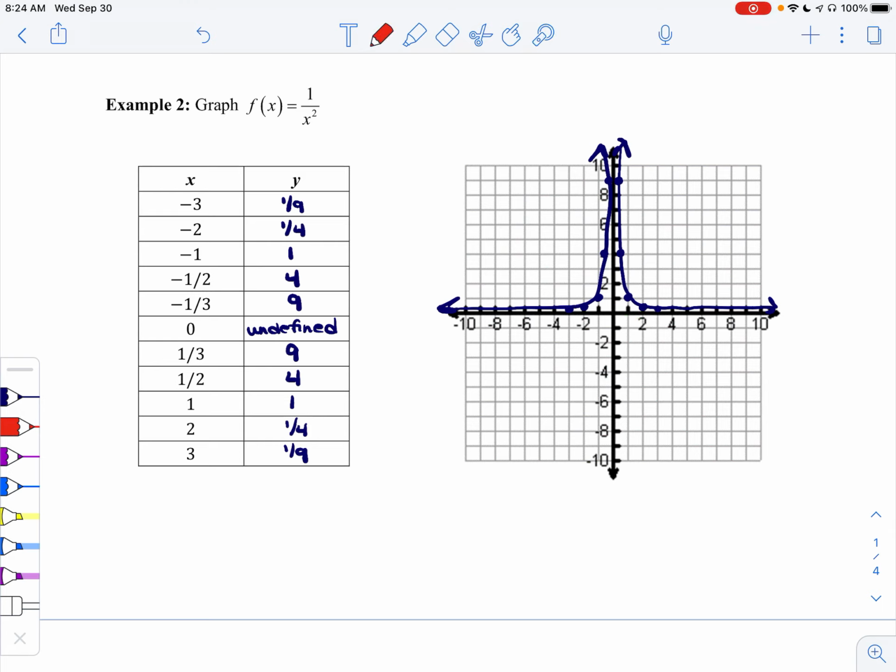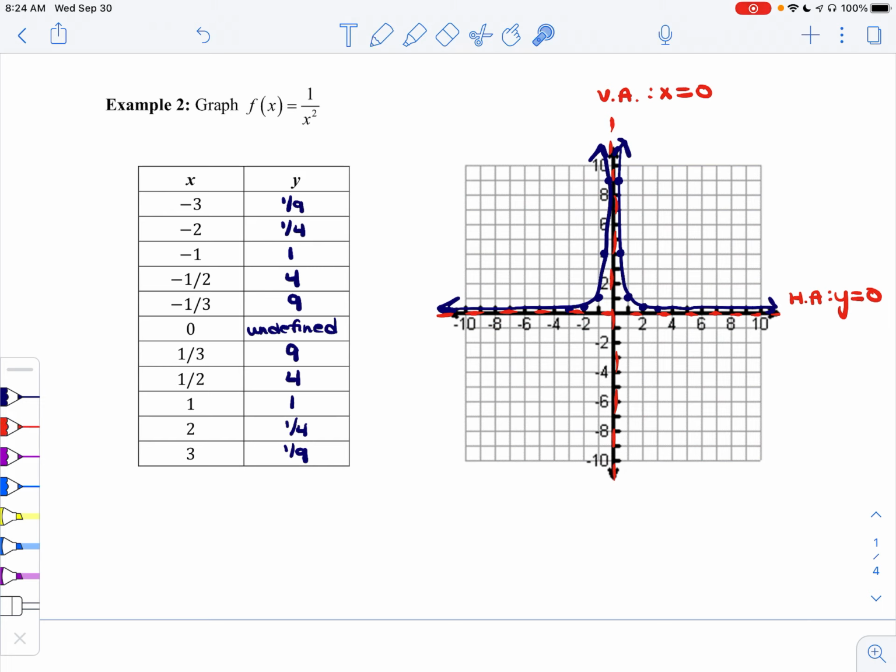So just like the previous example, we have a vertical asymptote at x equals 0 and a horizontal asymptote at y equals 0.